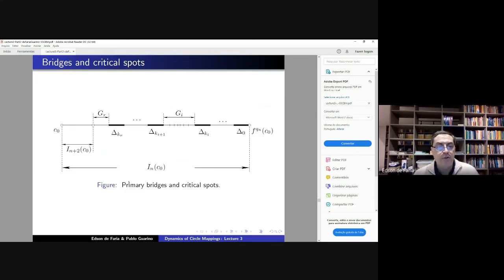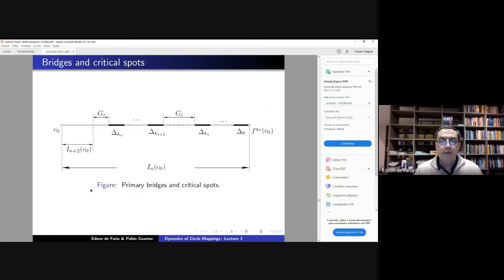So here's a picture. In this picture, you only see the big interval from C0 to F^Q_n of C0. I apologize here because I'm writing C in the text, and in the picture I wrote C sub 0. But that's okay. So you have this interval, which is I sub n of C0. On this interval, the first return map F^Q_{n+1} is acting, kind of shifting this picture to the left a little bit, okay?